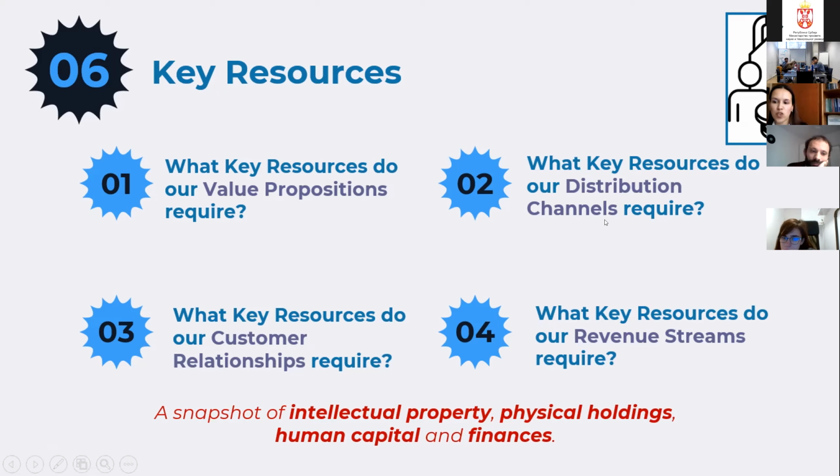Distribution channels are the 3rd block of the business model canvas. Then, what key resources do our customer relationships require? We defined these customer relationships in the 4th block of the business model canvas. And the last question, what key resources do our revenue streams require? Revenue streams are the 5th block of the business model canvas.